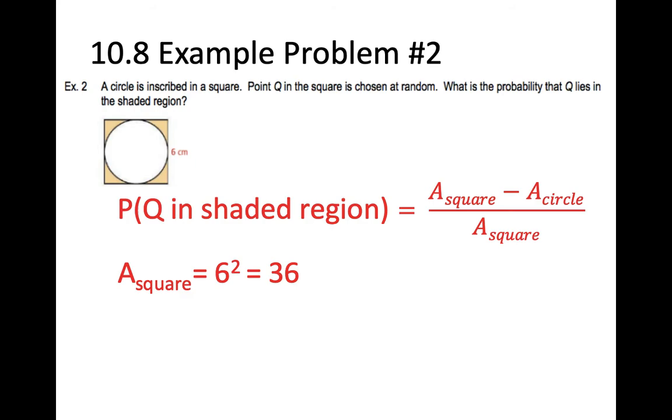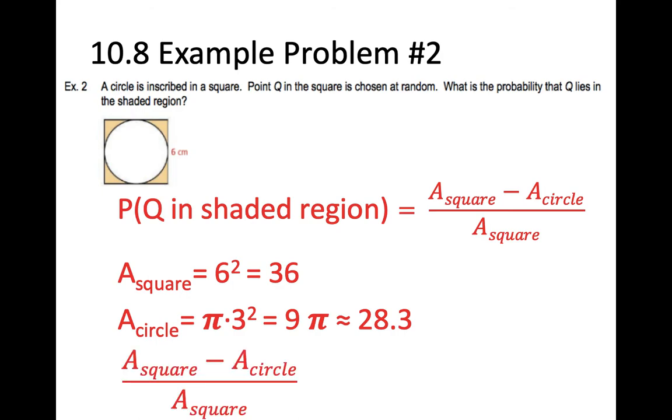Okay, well the square is simply a side squared, so that's 6 squared, 36. The circle, if I look, that side of 6 is equal to the diameter of the circle, and therefore the radius is half of that, 3. So pi r squared would be pi 3 squared, or 9 pi, which is about equal to 28.3.